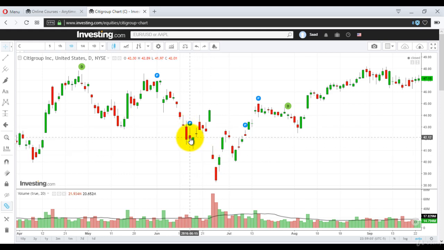Once they have sold it due to margin calls, the price will usually come back up just to try to fill the gap, and then it will fall off.